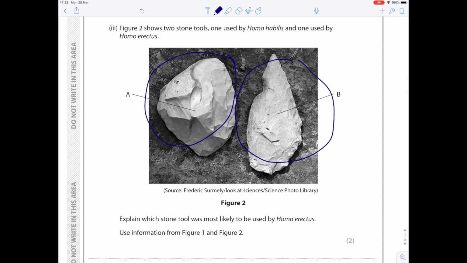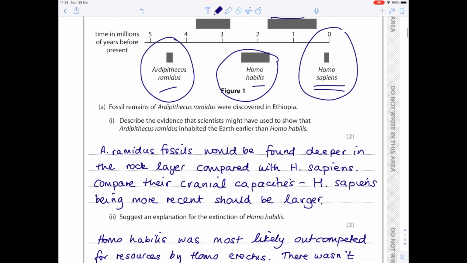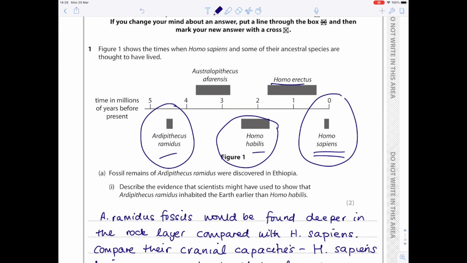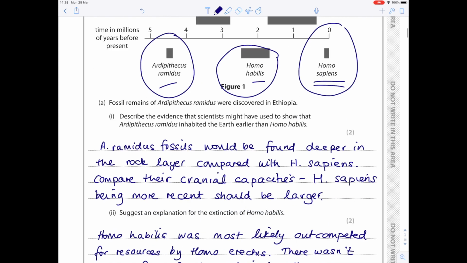So I've already said that the B stone tool looks more complex. If you have a look at Figure 1, you can see that Homo erectus is one of the more modern ancestral species. So because of that, we'd expect them to have larger brains and therefore be responsible for making more complex tools. So our answer needs to incorporate all of these points.